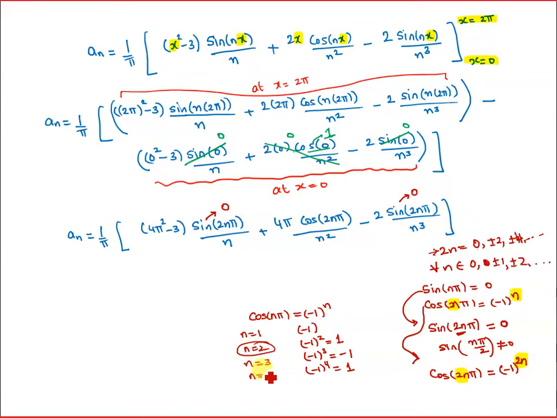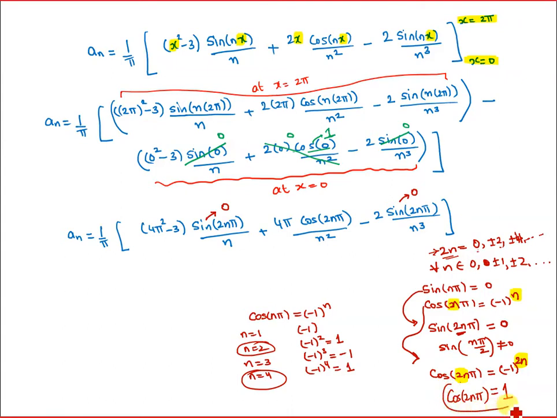Now when it is 2n pi, it is minus 1 to the power 2n. 2 multiplied by n will be 0, 2, 4, 6, 8, like that, so always an even number. So this gives the value of cosine of 2n pi as 1, because it's an even number.